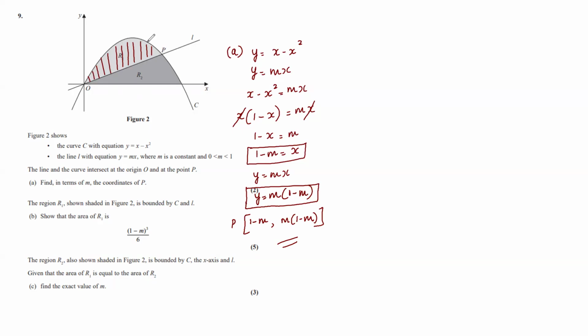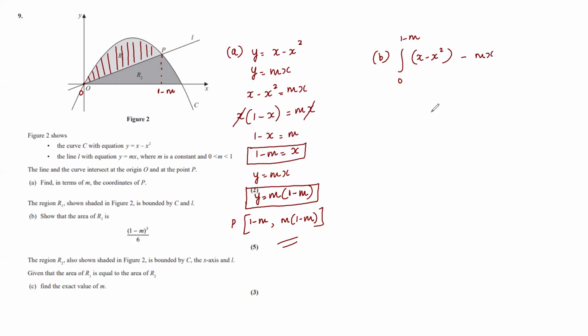So for part B, the integral will be from 0, and we know that P's x coordinate is 1 minus m. So this will be the integral from 0 to 1 minus m. And since the curve is on top and the line is below, curve minus line. So the curve is x minus x squared minus the line. Line equation is mx.